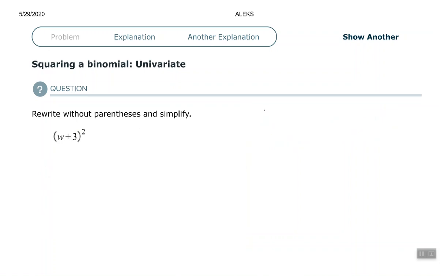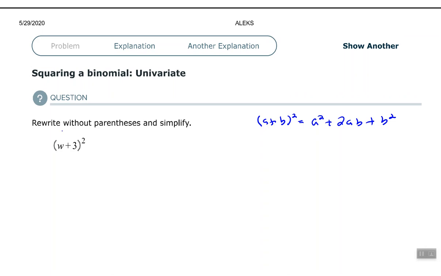All right, so we're going to use our formula. A plus b squared equals the first term squared plus 2 times ab plus b squared. And in this case, w is in the place of a and 3 is in the place of b, based on our formula.